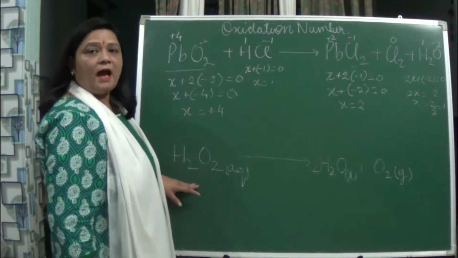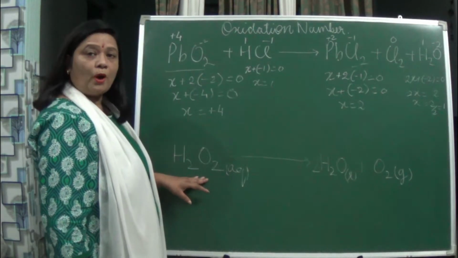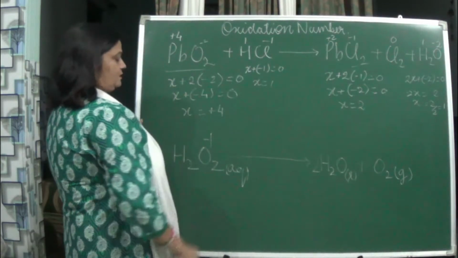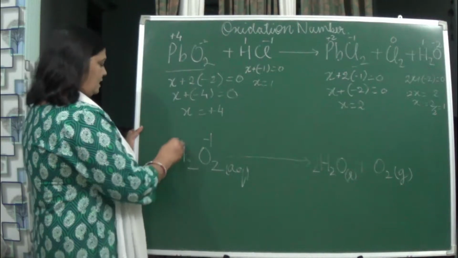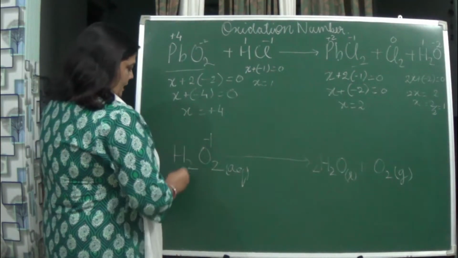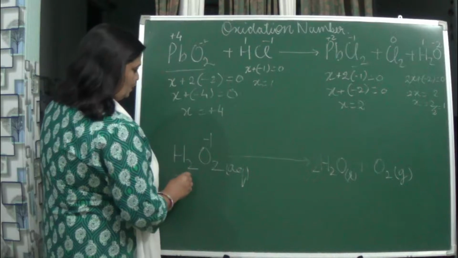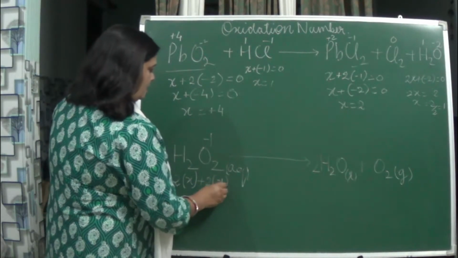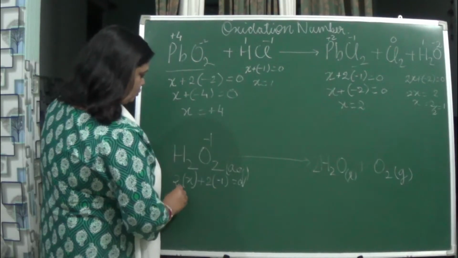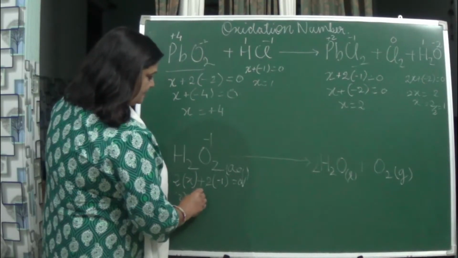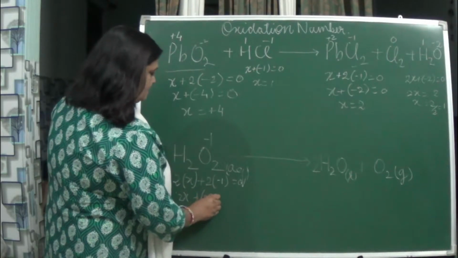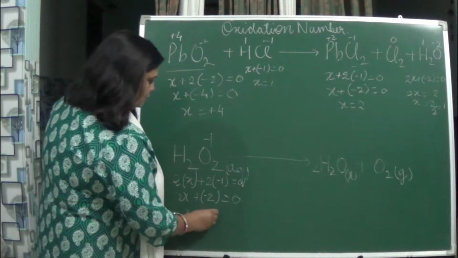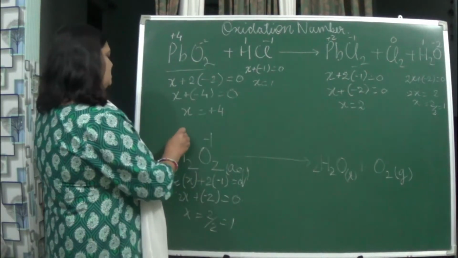In peroxide, I said to you, oxygen is -1. For H2, it becomes 2X plus 2 into -1 is equal to 0. Therefore 2X minus 2 is equal to 0, so X is equal to 2 upon 2, that is 1. So it is plus 1.